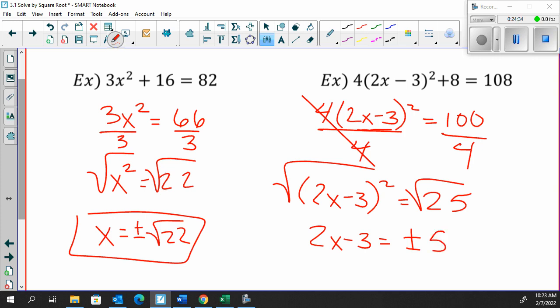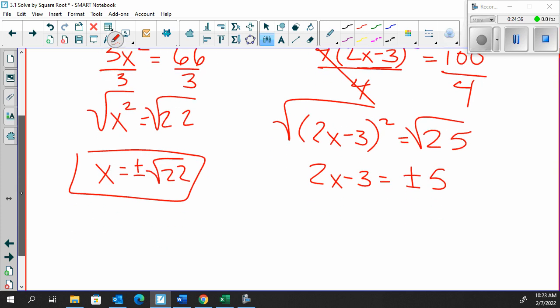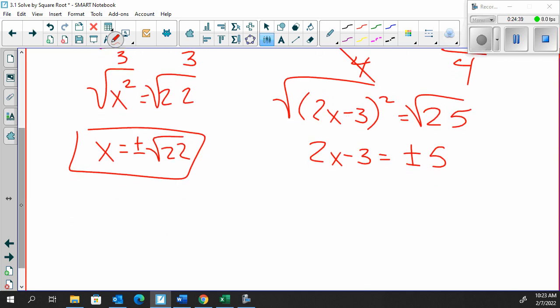All right, now this is looking a little bit different because I still don't have x, and I want it. I got to have it. I'm going to add 3. Remember, you can't just turn this into 8. It's not just 5. It's minus 5 and 5. So you can't just turn this into 8.